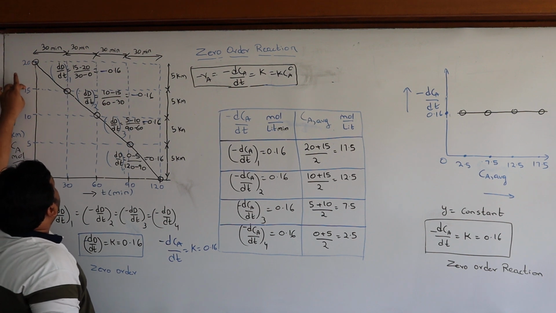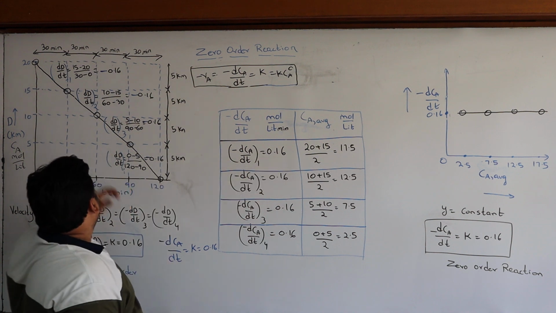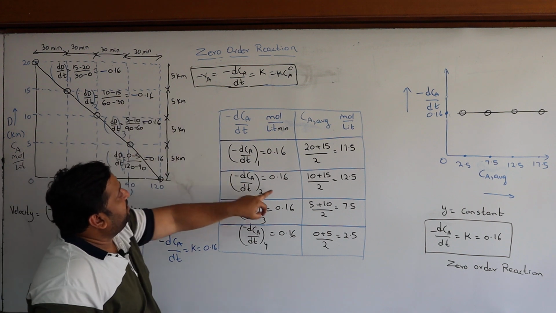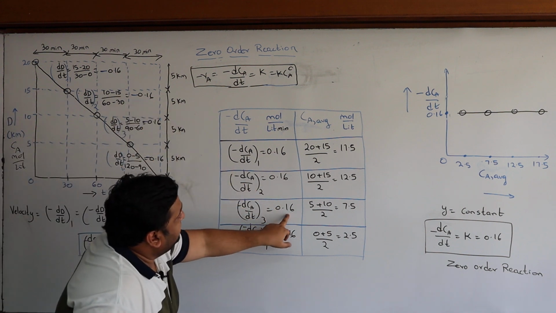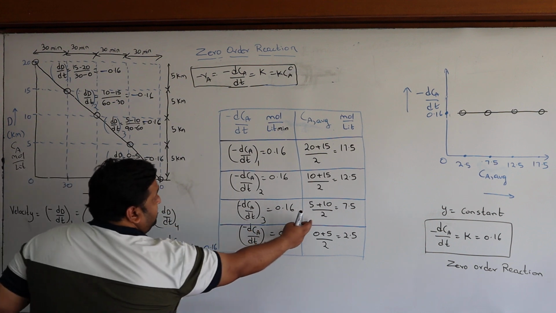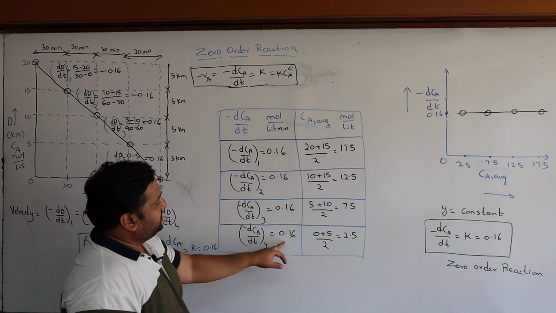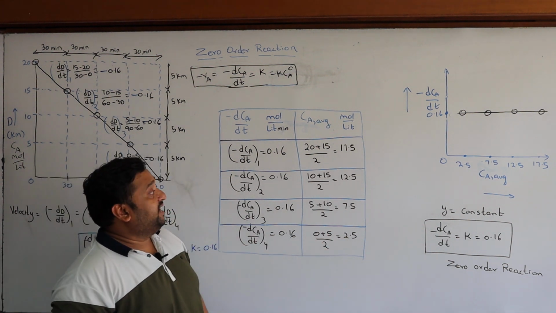At this average concentration, my speed is 0.16. Again at the average concentration 15 plus 10 by 2, the speed is again 0.16. Between 10 and 5, at the average concentration, the speed is 0.16. Between 5 and 0, the average concentration is 0 plus 5 by 2, and the speed is again the same.